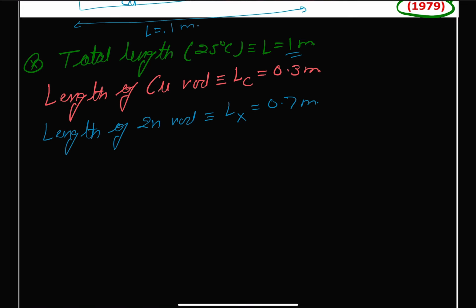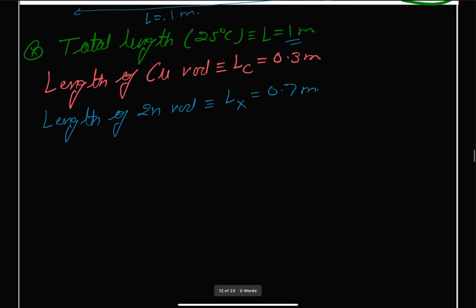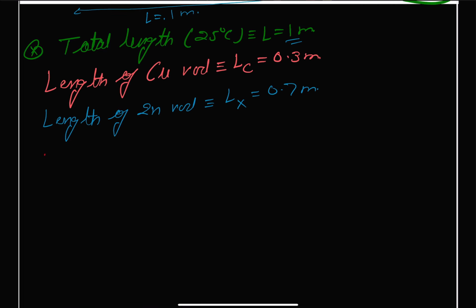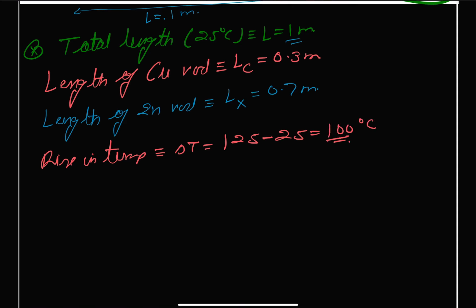And the new temperature is 125, so we can say the rise in temperature, that is our delta T, is equal to 125 minus 25, giving us 100 degree centigrade.